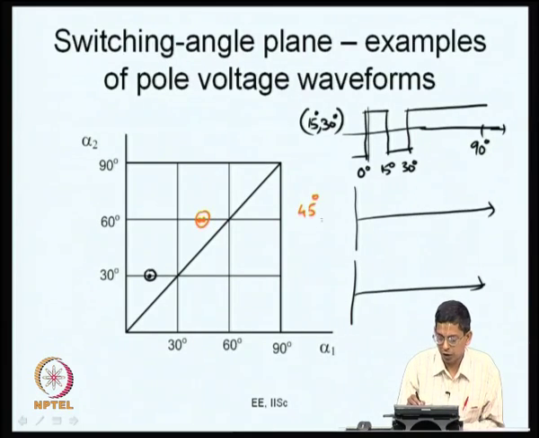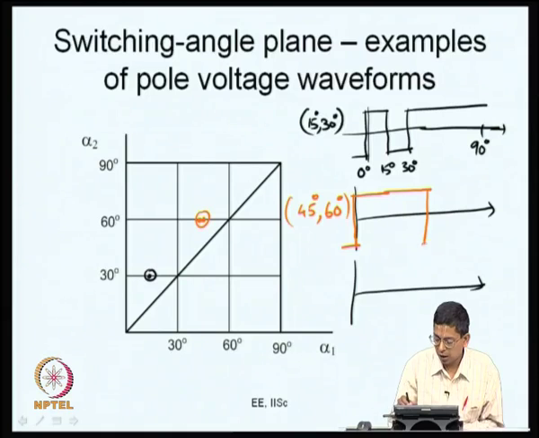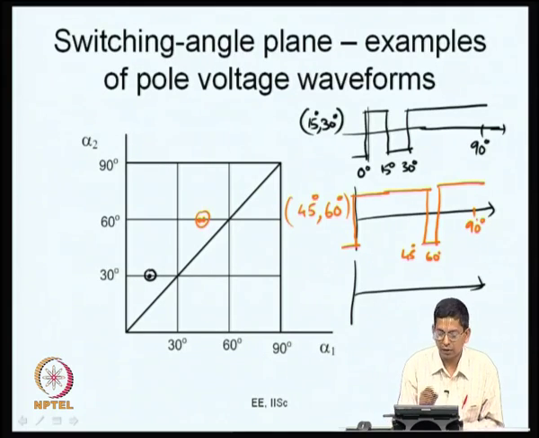Alpha 1 is 45, alpha 2 is 60. So, what you have is it switches at 0 from low to high, and it is high, at alpha 1 is equal to 45 degrees it comes down, and alpha 2 is equal to 60 it goes high. This is 45, this is 60 and this is 90. This is how this waveform is going to look like.